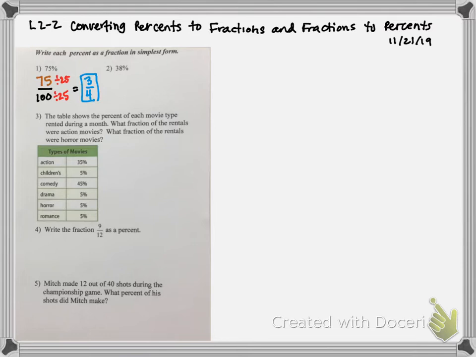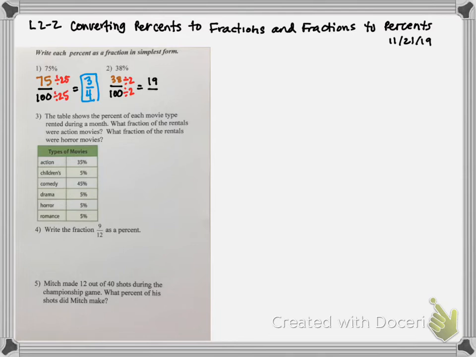So same idea. We have 38 per cent, divide by 100. Okay? I'm not so good with my 38s, but I do know they're both even, so I'm going to divide a 2 out of each. And that's going to give me, let's see, 19, yep, 19.